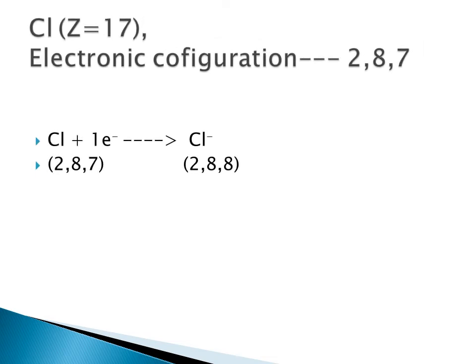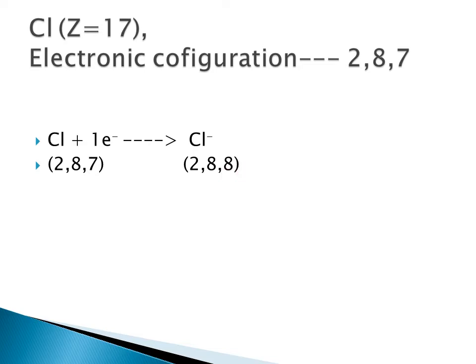Chlorine is 2,8,7. The chlorine atom shows a tendency to acquire an electron to attain octet in its outermost shell. The equation can be given as Cl, that is chlorine atom with the electronic configuration 2,8,7, plus 1 electron gives Cl minus with the electronic configuration 2,8,8.